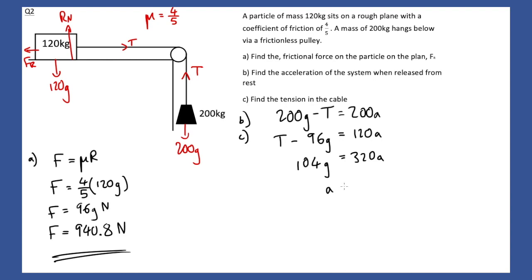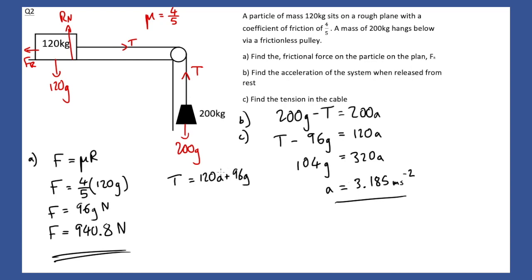If I divide 104g by 320, I get an answer of 3.185. You can round that if you want. To find the tension, I'm going to use this second equation. So I'm going to write T equals 120a plus 96g.